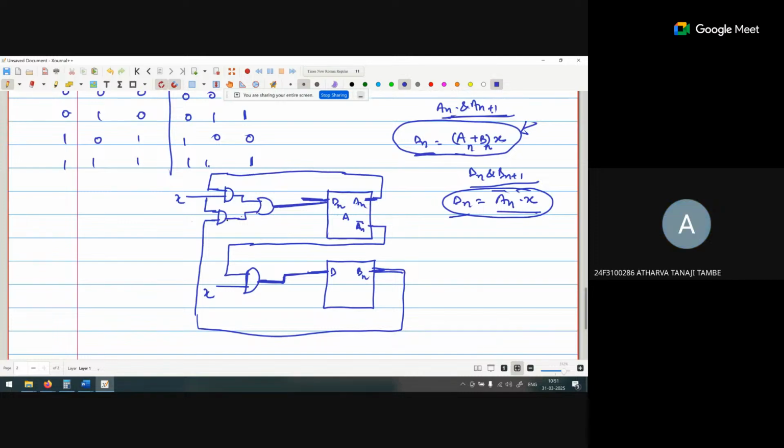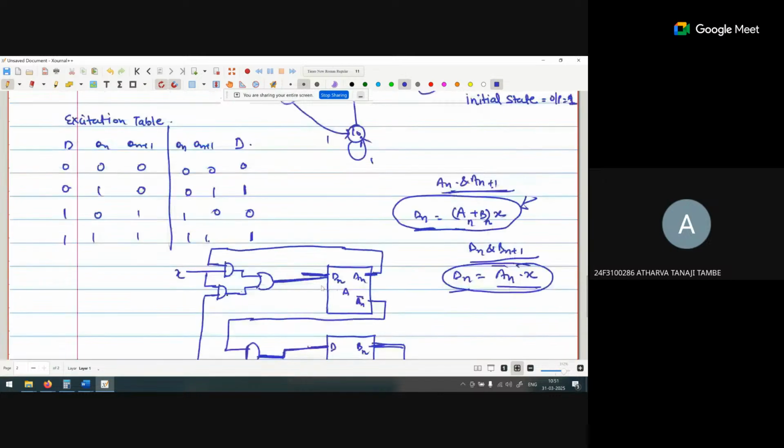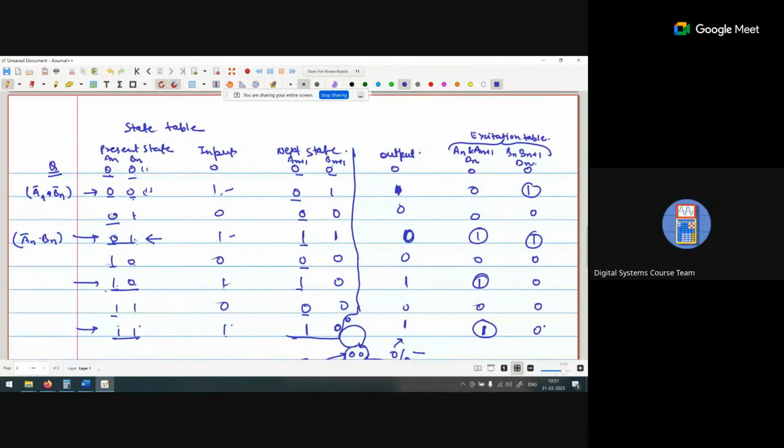And the state table means it is not for Dn, then it is for what? State table is basically only dependent on the present state and the output current state. Basically, it is dependent on the An and Bn outputs. It is only considered over the output.